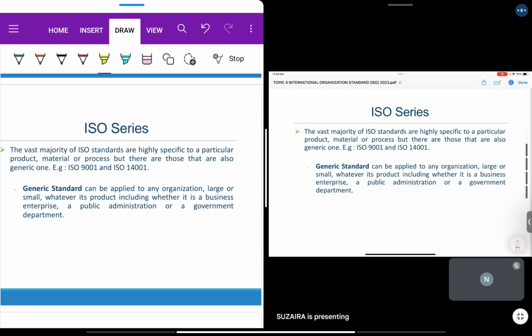Generic means that if you are in the food industry, if you are from automotive industry, telecommunication industry or chemical industry, or any industry related to a factory, these two standards can be applied to all of these factories. So it doesn't matter if we are food, electric, automotive industry, or any industry, we can actually apply for these two series.